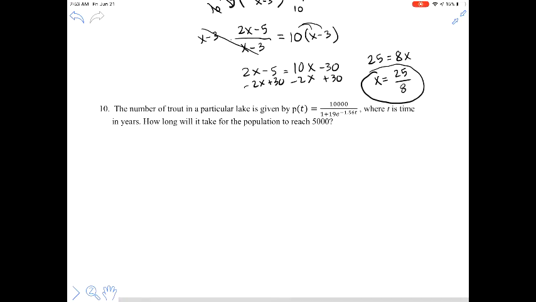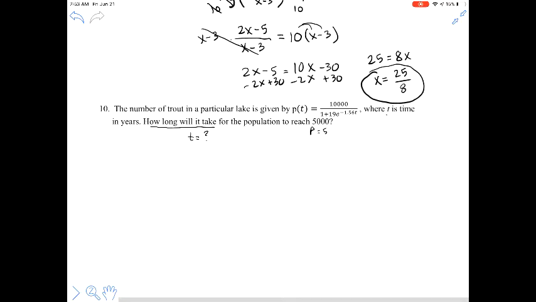And now number 10 is from 4.6. This was applications of exponentials and logarithms. So we have an equation here that gives the population of trout. T is a time in years. How long will it take? So how long will it take is a question of time. T equals for the population.